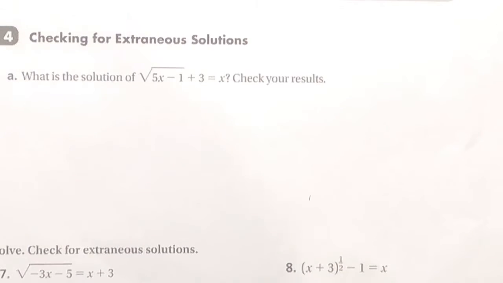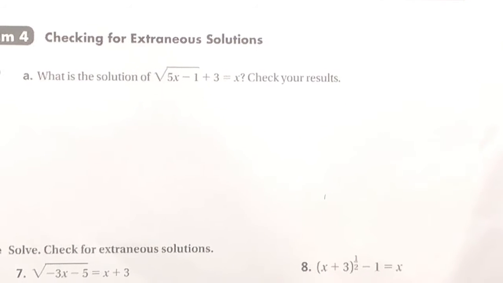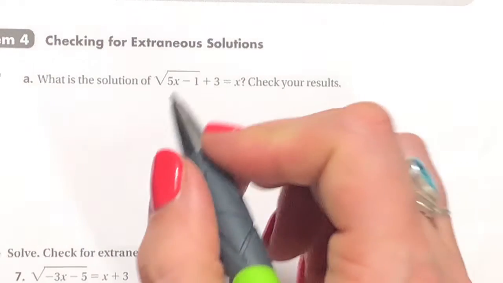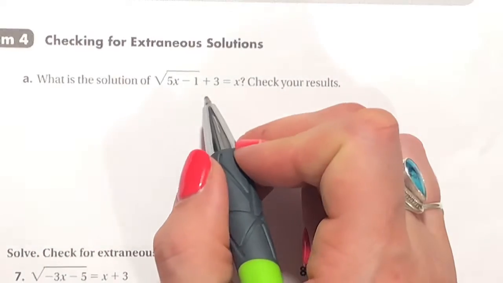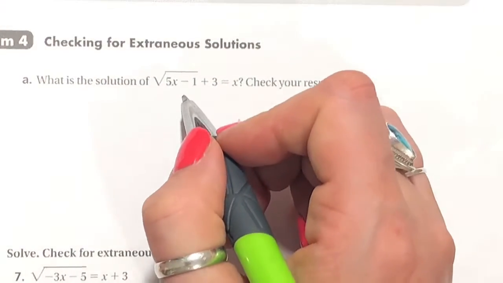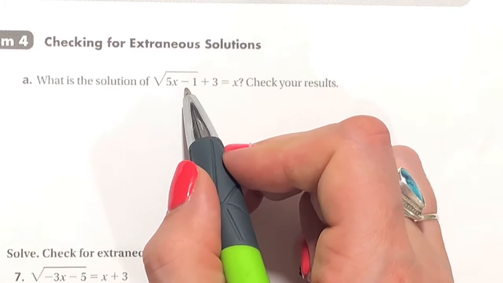I've noticed in the past, I'll have students do their homework and they do all their work right, and they put their answer into their assignment, and it marks them wrong and they don't know what they did. That's because they didn't check their answer. Their solution might have worked as they were solving, but it doesn't actually work if you plug it back in. So always check.